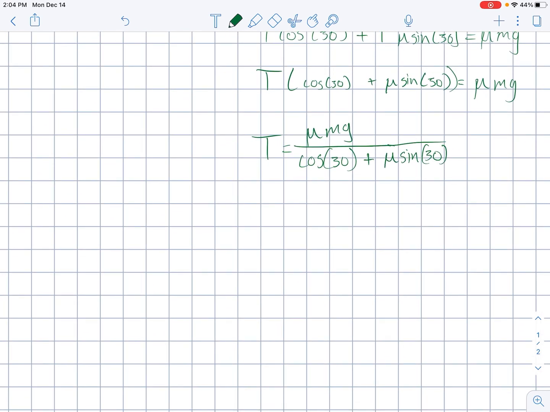From here, we can just plug in all the numbers that we know. So T equals 0.3, that's our mu, times 5, that was our mass, times gravity, a constant 9.81, divided by cosine 30 plus 0.3 sine 30.